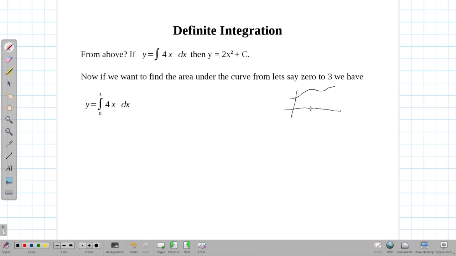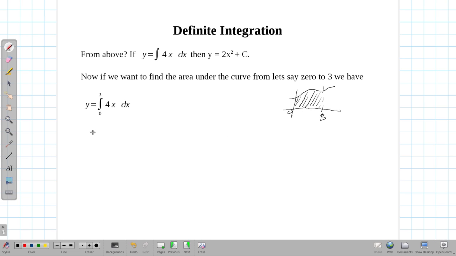So we've got some curve, and we're finding from here, 0, to say here, call it 3, and we're looking for that area under there. And that could be the answer to something like the amount of energy that's been done. So this could be a formula to do with power, and if we find the area, that will tell us the amount of energy that's been used.